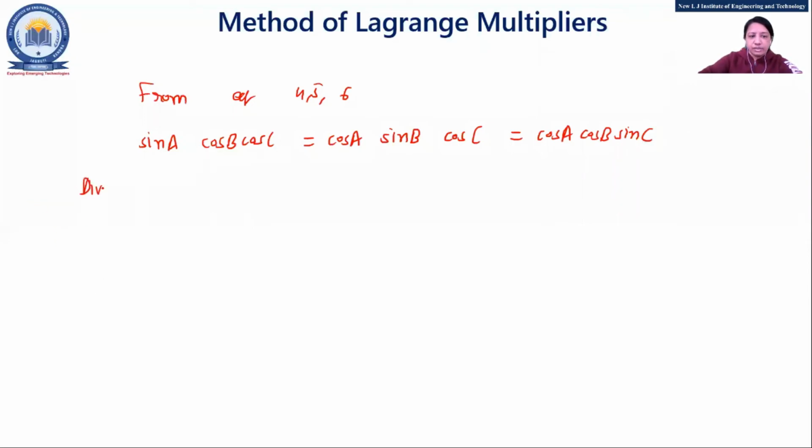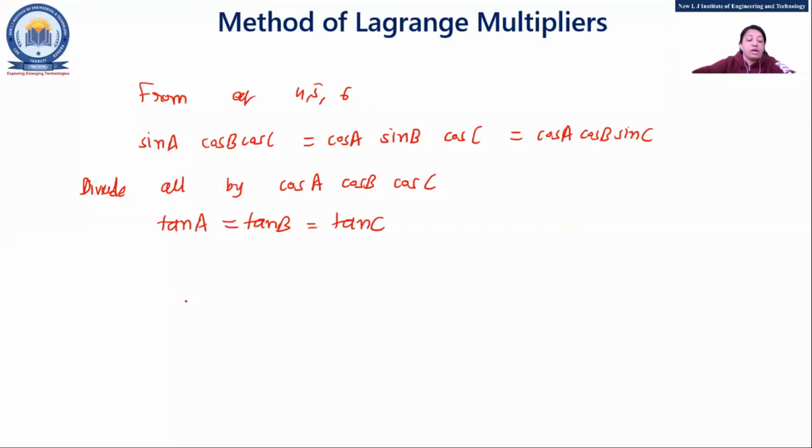Divide all by cos A cos B cos C. Anyway, you can solve this, it is the simple one. So you will get tan A, since cos B cos C cancel out and sin A upon cos A is tan A. Same here, you will get tan B, equal to tan C.